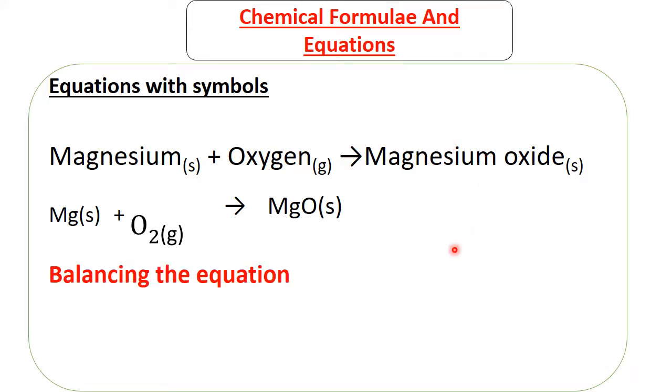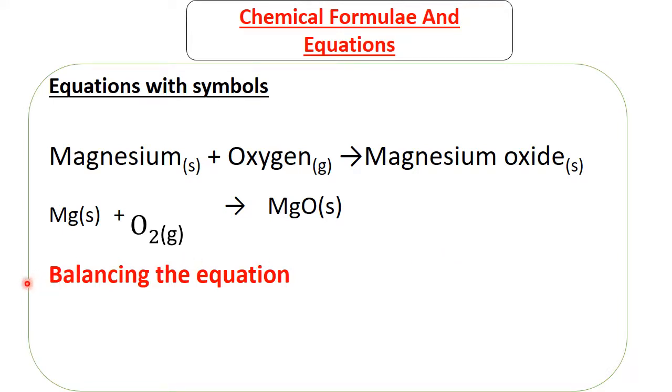So writing a chemical equation, the only skill that you need is how to write the chemical formula for the compounds or elements that are involved in the reaction. The difficult part comes in balancing the equation.